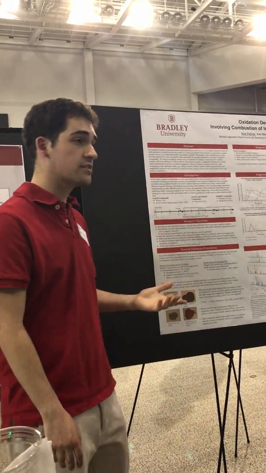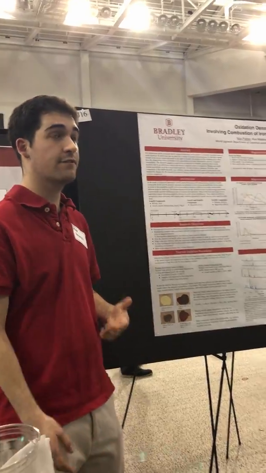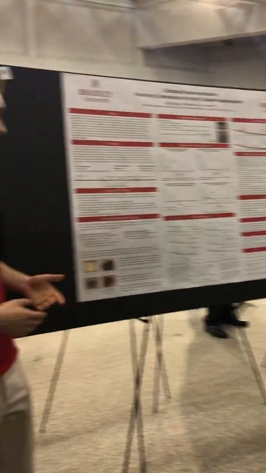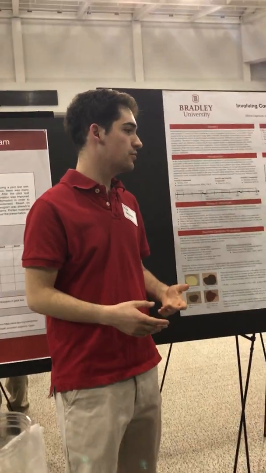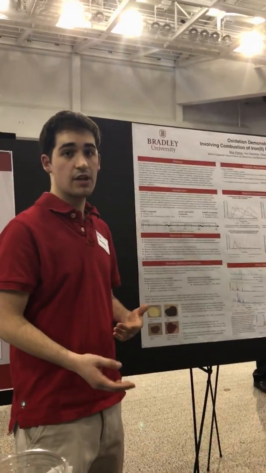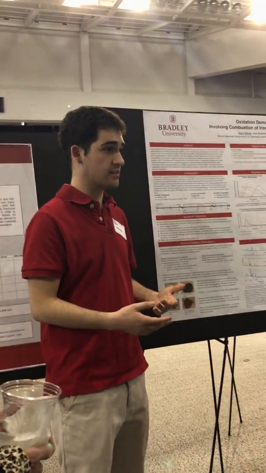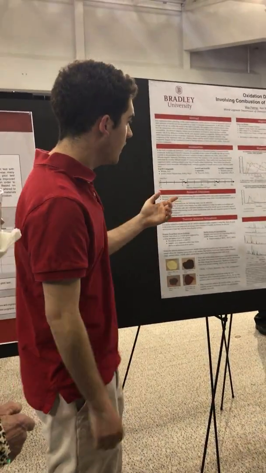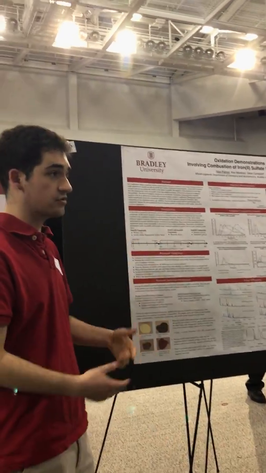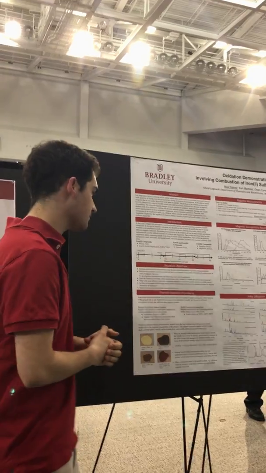Some research objectives that we focused on: we wanted to develop this demonstration, and we wanted to use readily observed phenomena such as color and magnetism to showcase the oxidation process, because with increased oxidation, we want to take advantage of those different magnetic properties.